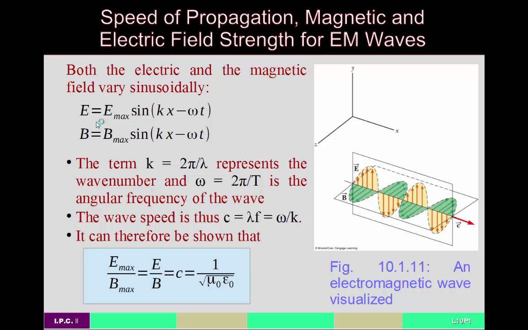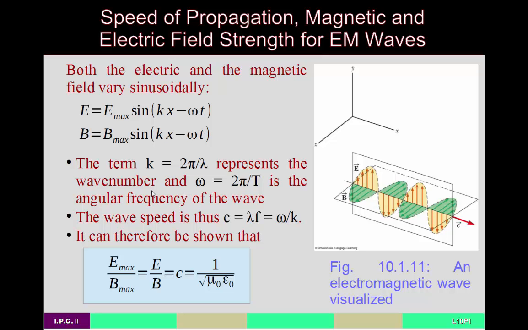And the magnetic field similarly is the maximum magnetic field, or the amplitude of the magnetic field variation, times the sine of the wave number, which again is 2 pi over lambda, times the spatial position at which we're looking at this wave, minus omega t, where omega is the angular frequency, 2 pi over the period, and t is the time that has elapsed since this wave first arrived.